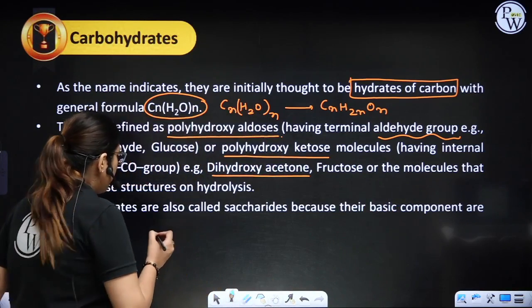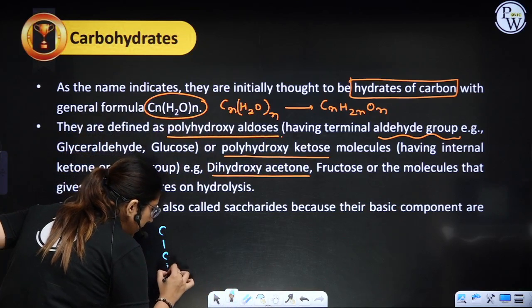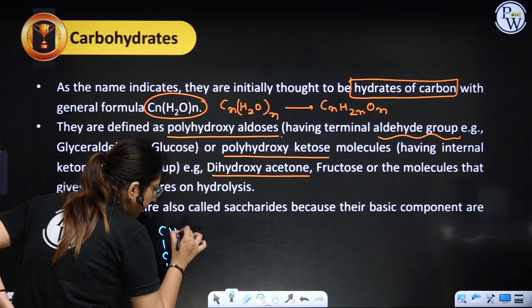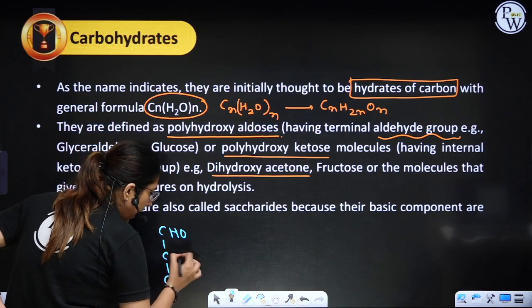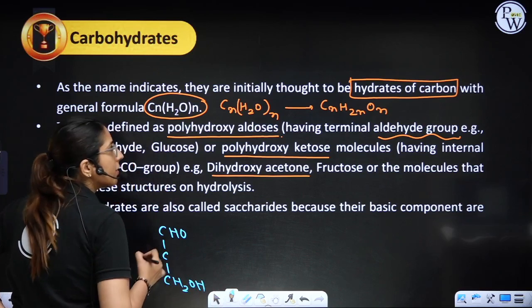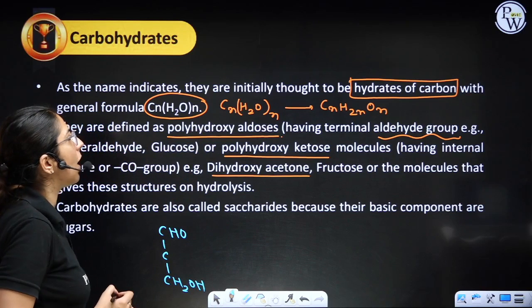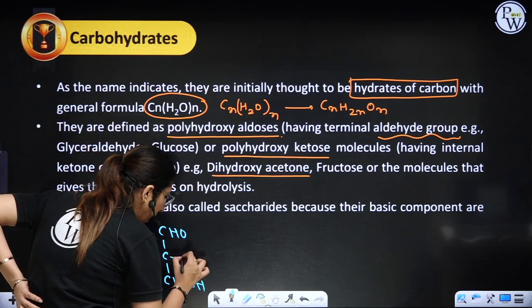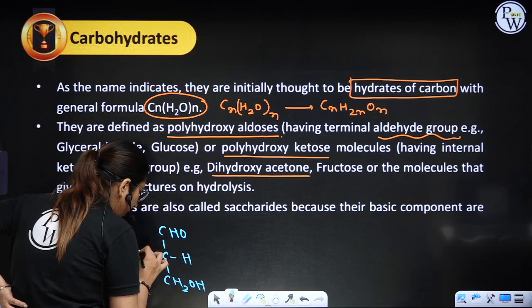Now, buddies, see. These are the hydrates of carbon. On one side, if we have an aldehyde group, right? And here we have just CH2OH. Because it is written as hydrates of carbon, polyhydroxyaldoses. So here also we have an H, we have an OH over here.